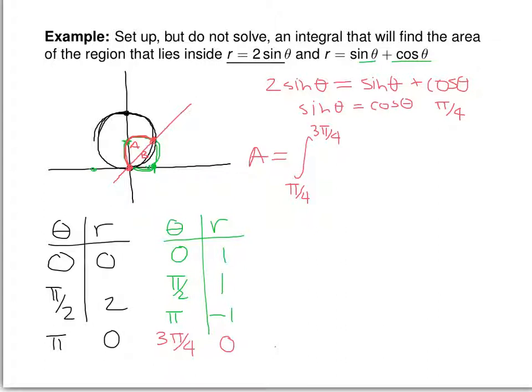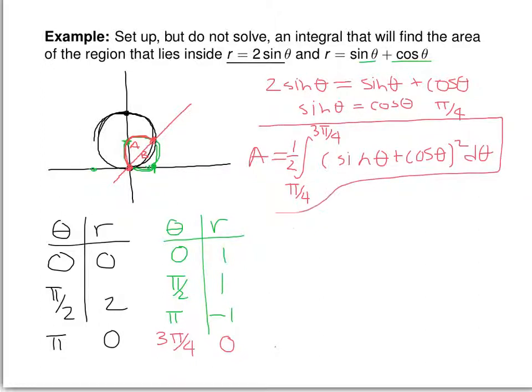And remember, the formula for area was 1/2 r squared, so that'd be 1/2 integral of sine theta plus cosine of theta squared d theta. That whole thing will find area A. If you work it out, which takes a little bit of work, and I did it in the notes if you want to look online, that gives you pi over 4.